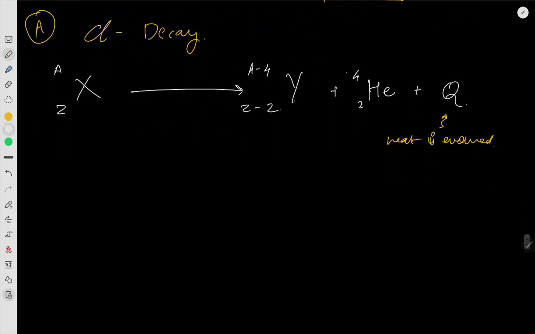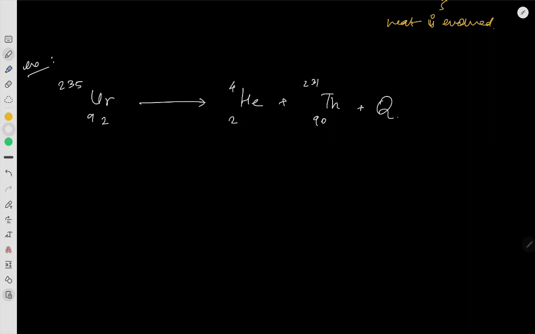So let us take an example. There is uranium 235, uranium metal, and it has here 92, and on standing it would give 4He2, that is an alpha particle, thorium 231 with 90, and some energy. And now let us see the N by P ratio.